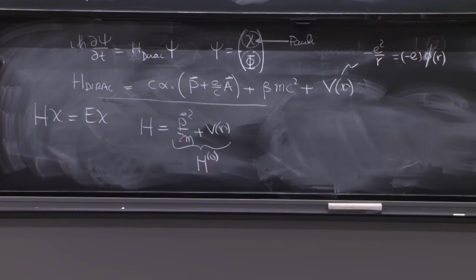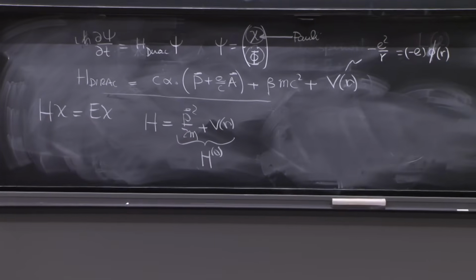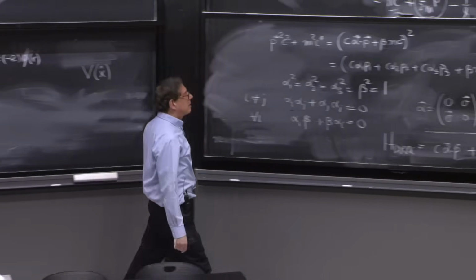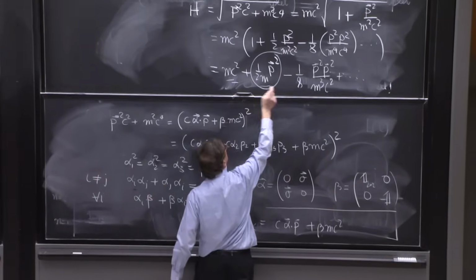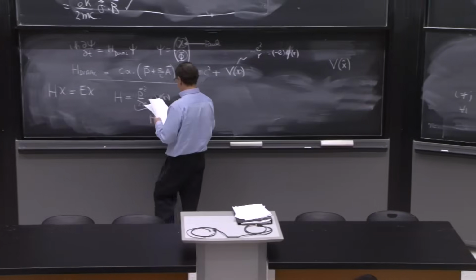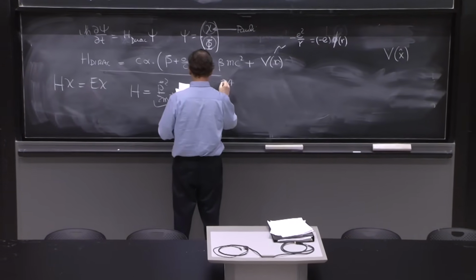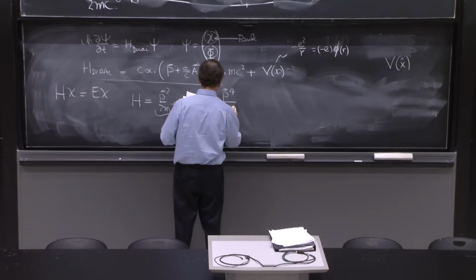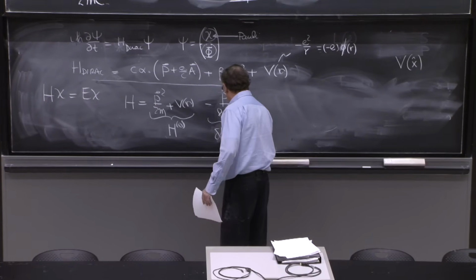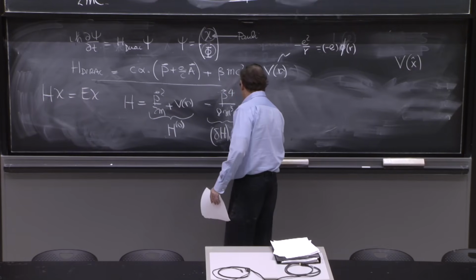That's what you would expect. Then there is that term that we anticipated as a relativistic correction here. So it comes like minus p to the fourth over 8m cubed c squared, and we call this delta H relativistic.